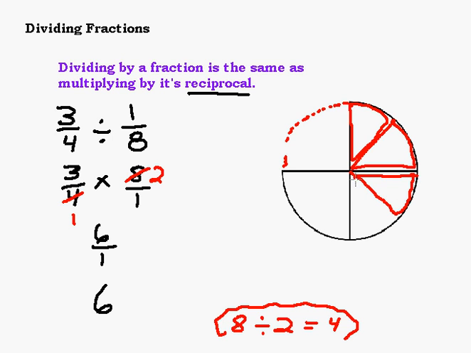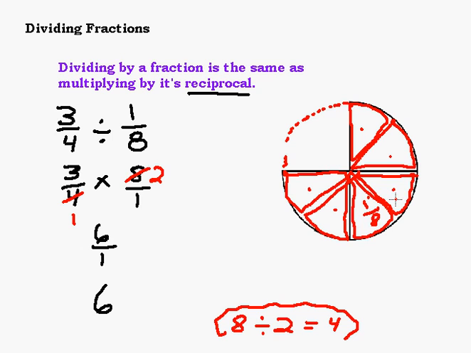There's 3, 4, 5 and 6. Each of these red pieces is an eighth of the pizza. And how many eighths will fit into 3/4? 6 of them: 1, 2, 3, 4, 5, 6.